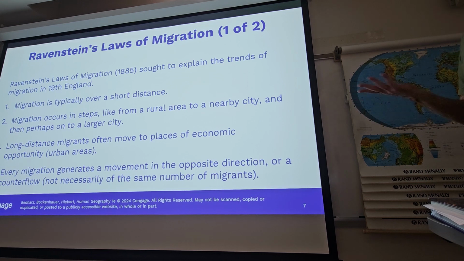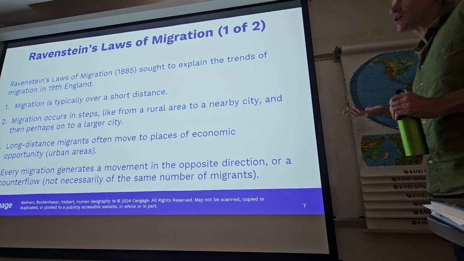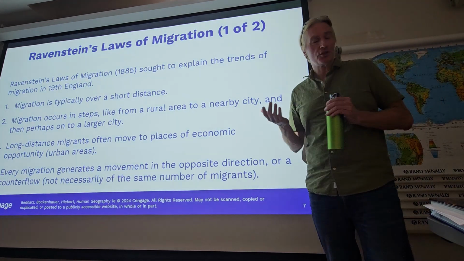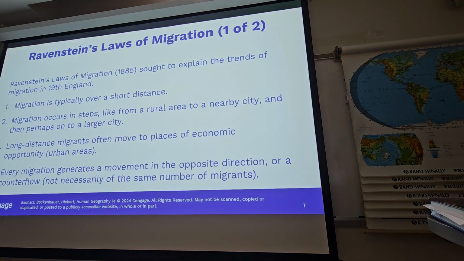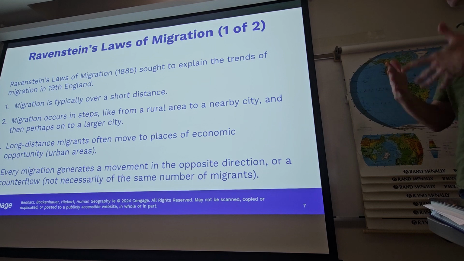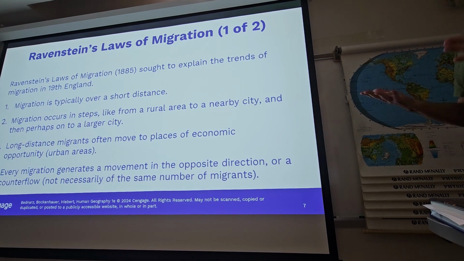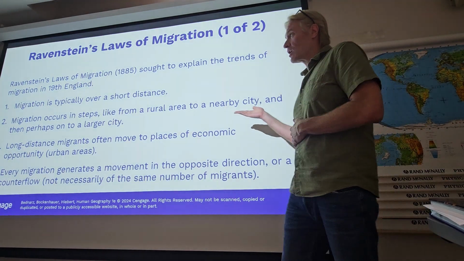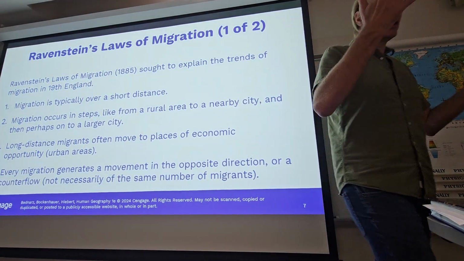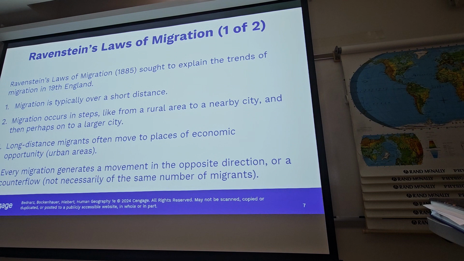General laws of migration, although these came out a long time ago, are still generally accepted as laws of migration. Typically, the majority of migration is over a short distance, just because long distance migration tends to be quite a burden. Migration tends to be in steps. Again, a long journey is a burden.